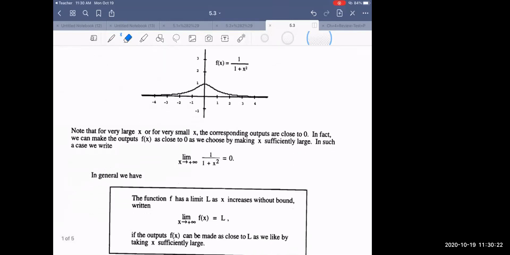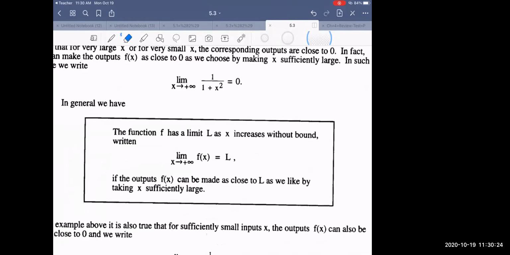All right, so let's look at the definition, because it's pretty important, as all mathematical definitions are.